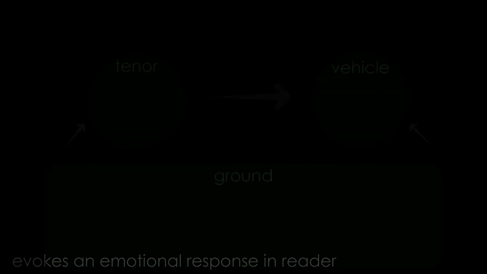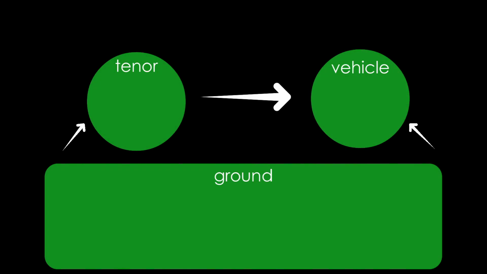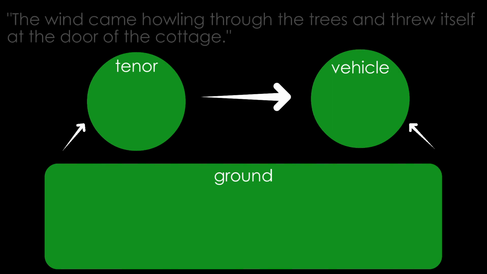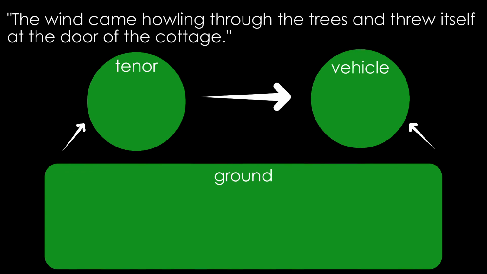Sometimes the writer just presents us with the tenor and the ground, and we have to work out the vehicle for ourselves. Take the following image. "The wind came howling through the trees and threw itself at the door of the cottage." Here the wind is the tenor, as it is what is being described, and howling and threw itself are the ground, as these are the properties that are being transferred.